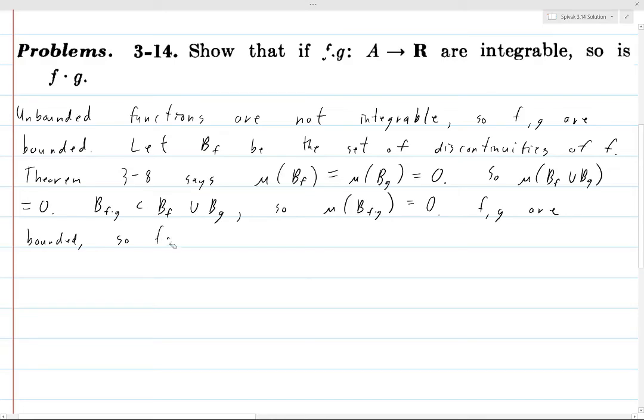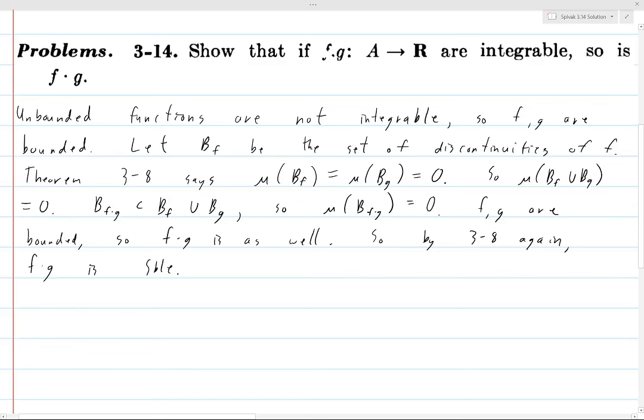So f times g is as well, because you could just take the bounds for f and the bounds for g and multiply them together, and those give you the bounds for the function f times g. Okay. So by 3-8 again, f times g is integrable, and that's what we wanted to prove.